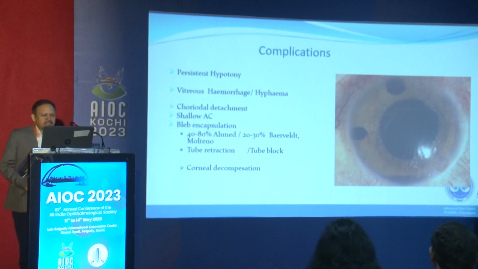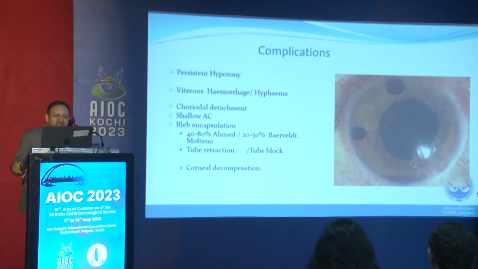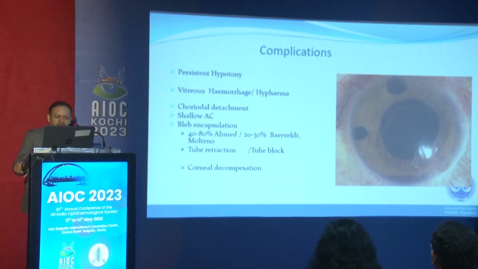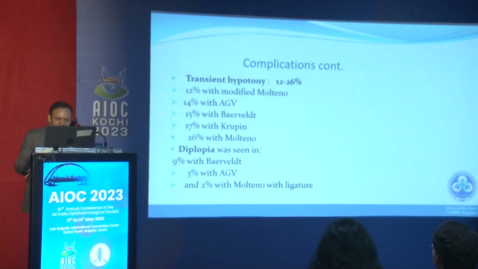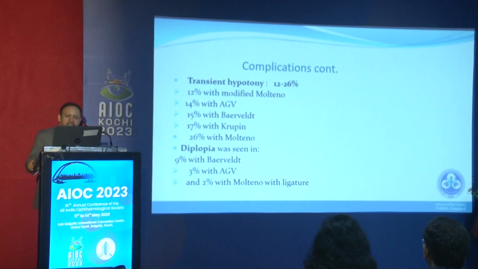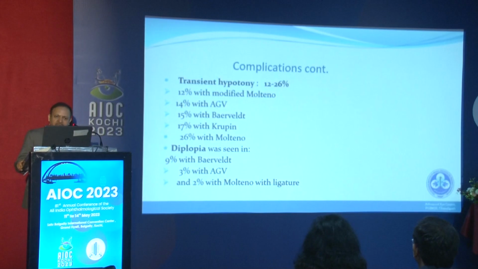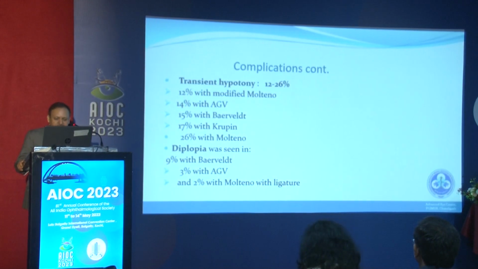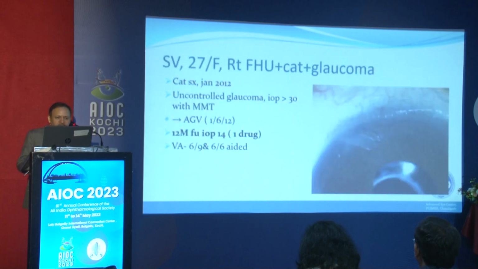Complications include persistent hypotony, vitreous hemorrhage, choroidal detachment, shallow AC, bleb encapsulation. Transient hypertony is seen in 12 to 26% of the cases, but usually it is transient. And diplopia is more seen with Baerveldt type of devices, up to the tune of 9%.